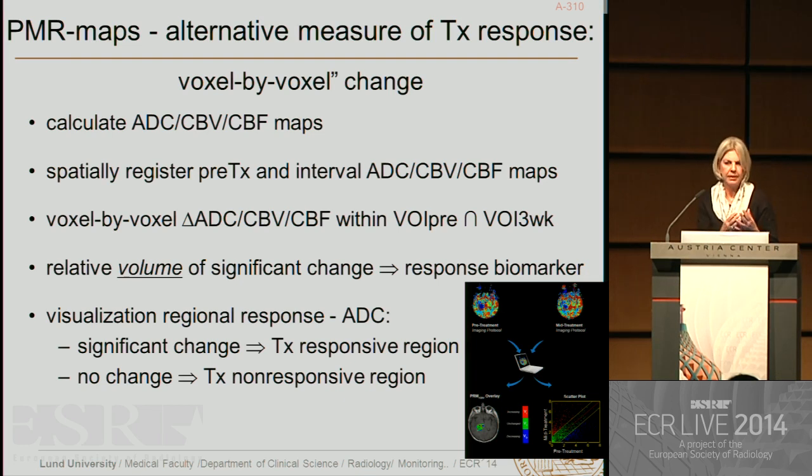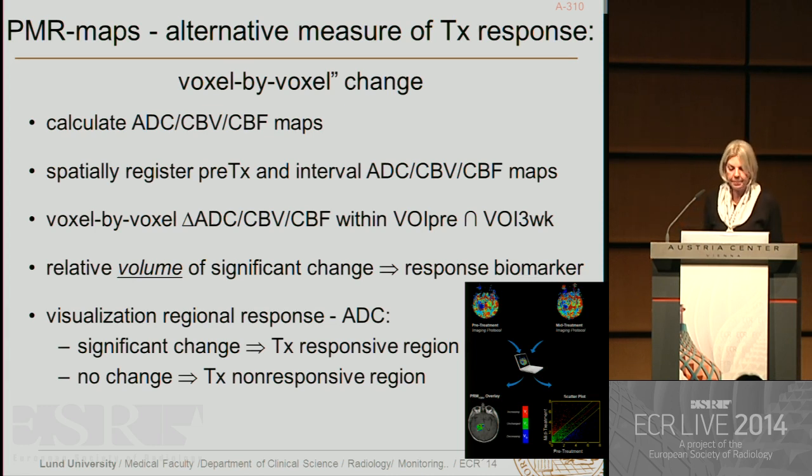It gives you the possibility not only to study the whole lesion itself, how it changes, but actually focal areas within the lesion, and that has been shown to be a useful method for predicting outcome, but also maybe to tell clinicians which area of the tumor might actually need more treatment, and which area of the tumor might actually be responding.